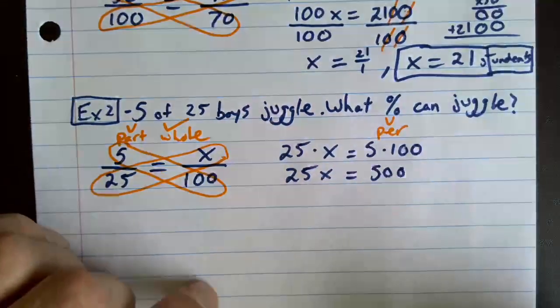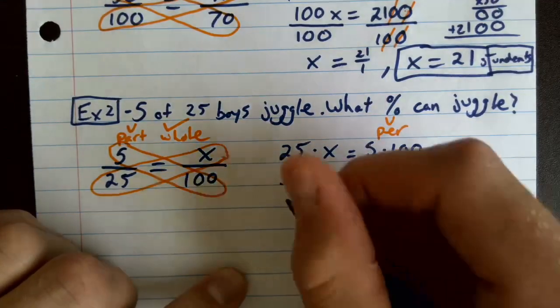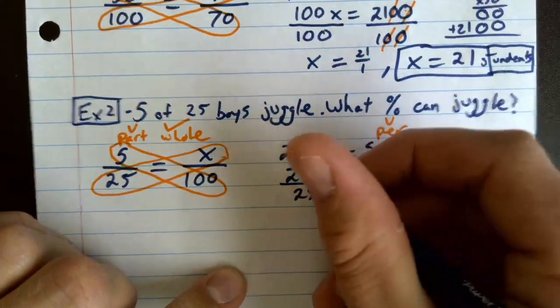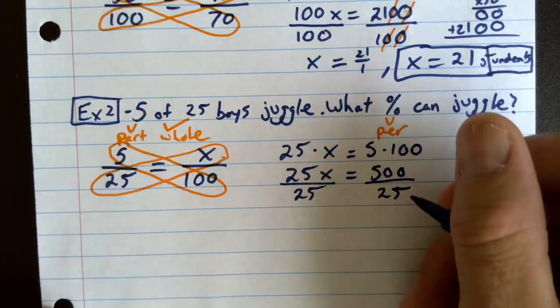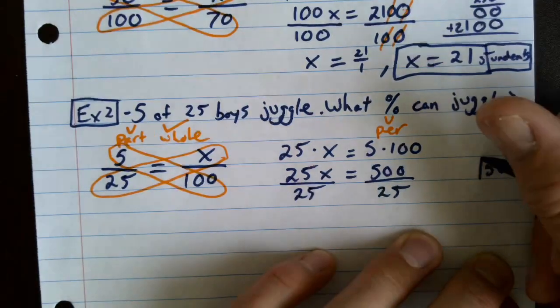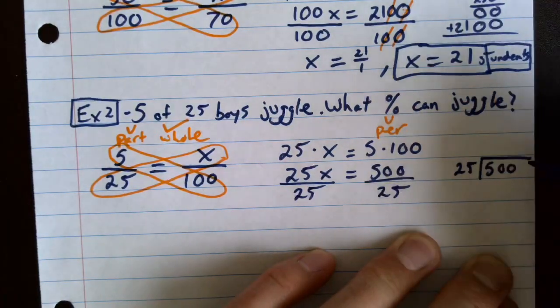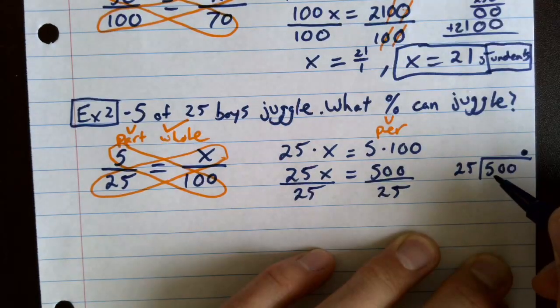All right, how do you get x by itself? Solve for x, divide by 25, and whatever you do to one side, you must do to the other. So off to the side, have your division, 500 divided by 25. Place your decimal. How many times does 25 go into 5?